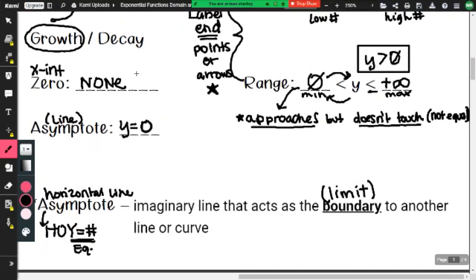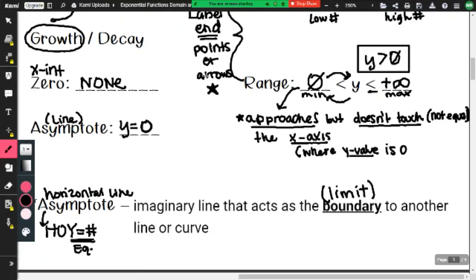It approaches but doesn't touch the x-axis. And on the x-axis, what did we just learn? That's where your y value is 0.